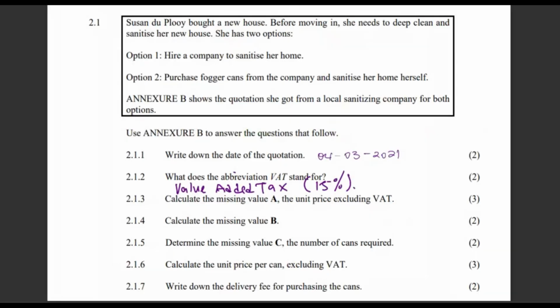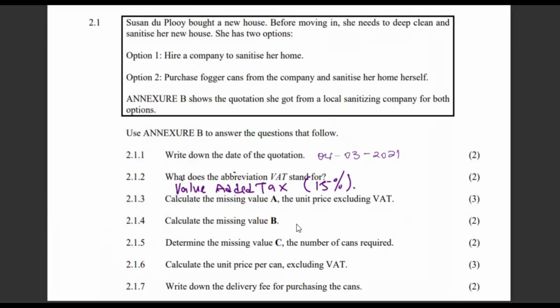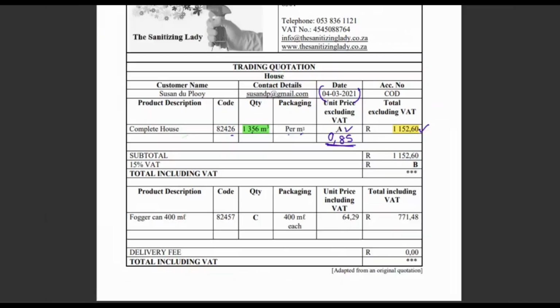Let's look at the second part. Look at the missing value of B. The value of A, we said it's 85 cents. We look at the value of B, which is VAT. Since this price excludes VAT, we need to look for VAT.